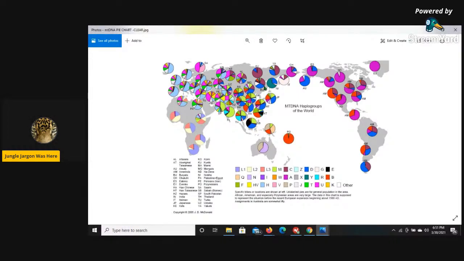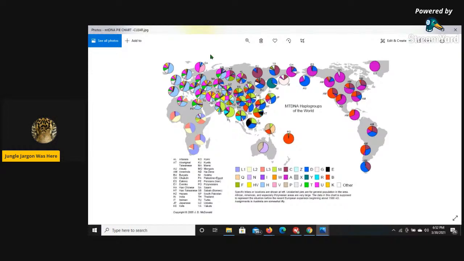The C is a dark purple up here. The Z is the light blue, which is right here. You can see the dark blue. We can see slivers up here, a sliver up here.